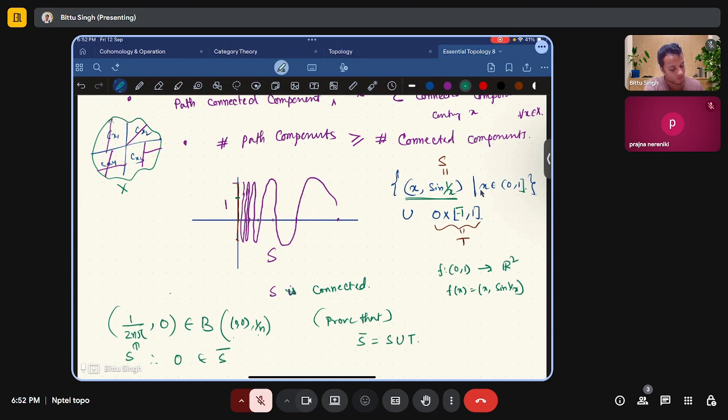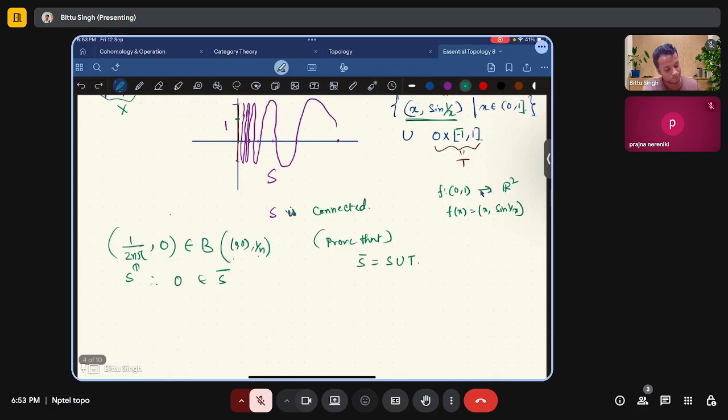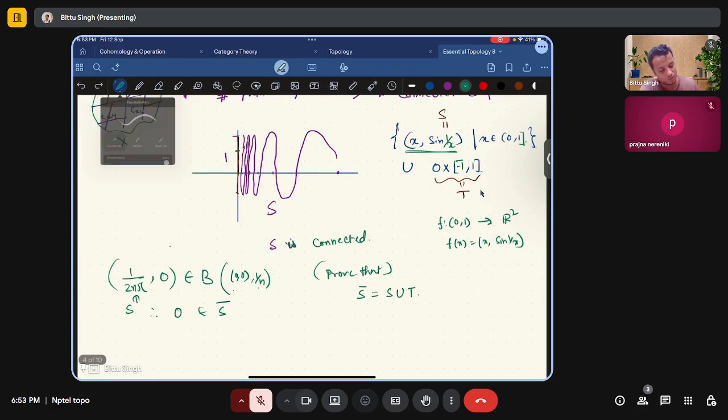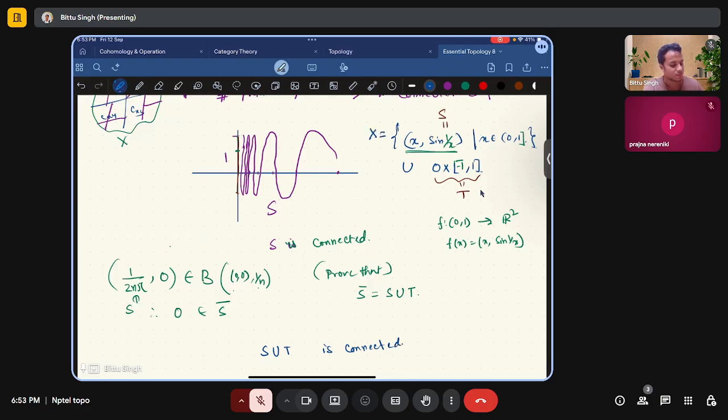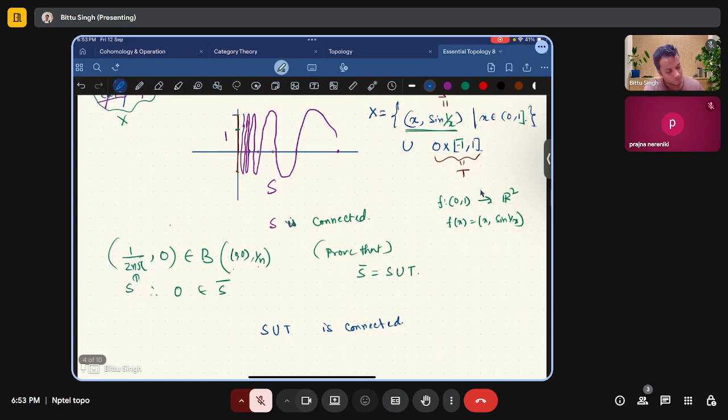So in this case, S closure is S union T. Therefore, S union T is connected. And if we denote this as the topological space X, X has a subspace topology of R2, that is, the same Euclidean topology is under consideration.